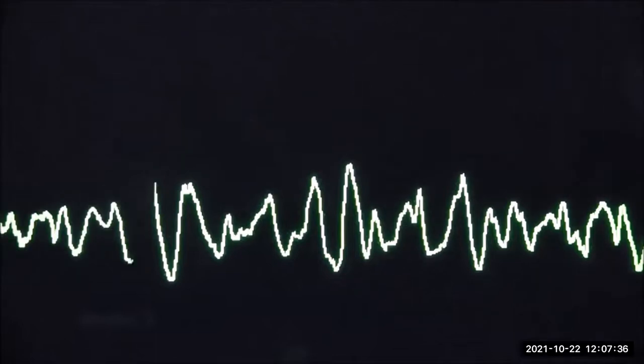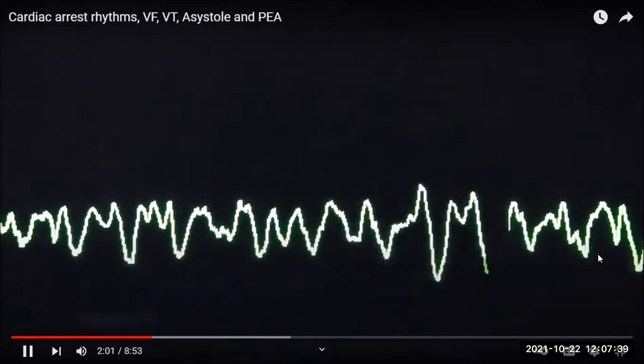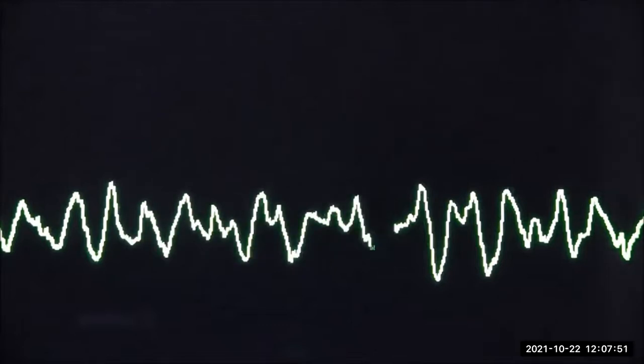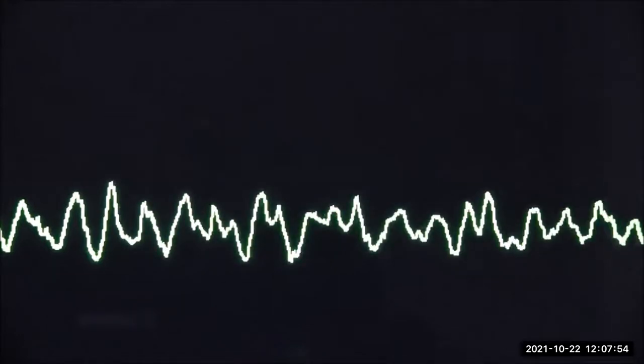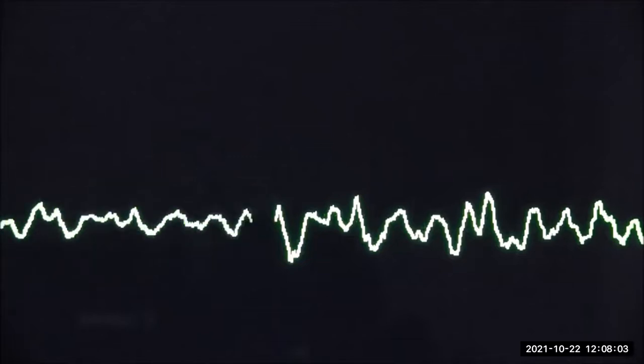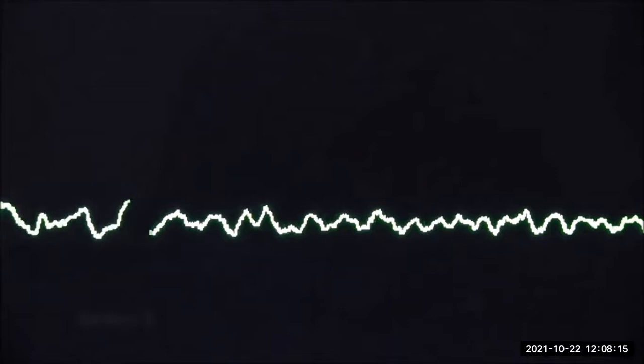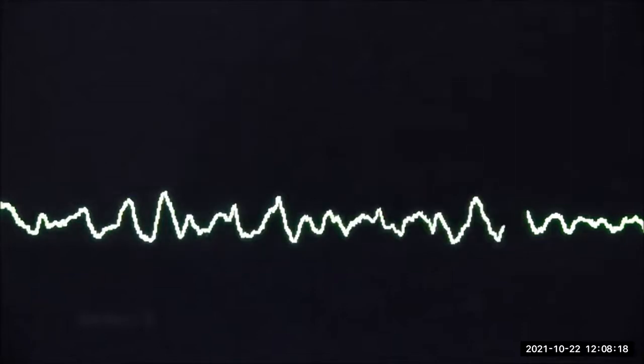So now we can see it's becoming finer. The amplitude is less than it was. And the finer ventricular fibrillation is harder to treat. So we can see it's much finer now. The longer we don't treat this, the finer it will tend to become.